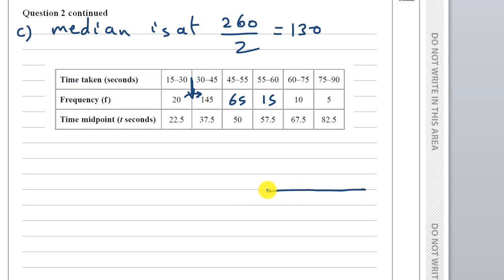So I have here 20, and here 165, which is 145 plus 20. At 20, the maximum time taken is 30. At 145, the maximum time taken is 45.